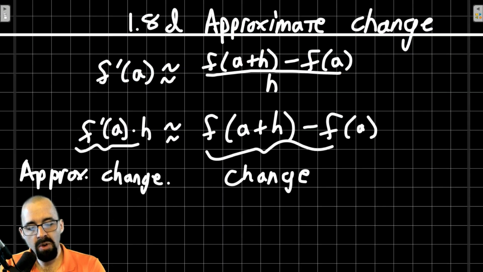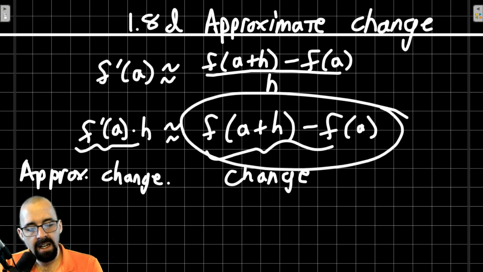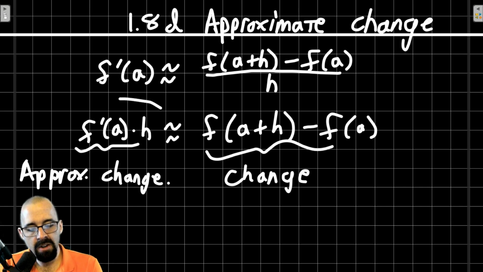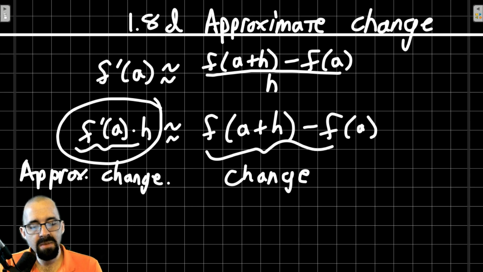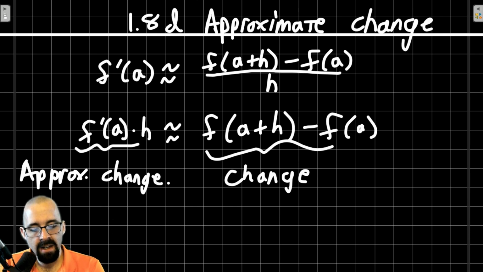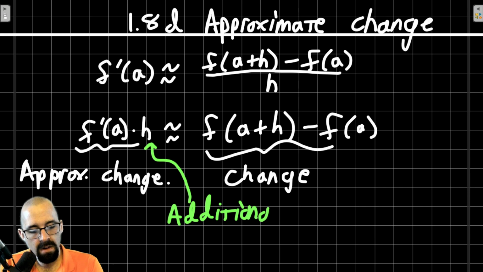So let's go back to this formula that we mentioned at the beginning. The additional number of items that we're going to get is approximately going to be the derivative times the difference in input, right? So over here, this h, that's the additional input. So in this case, our h is 3.